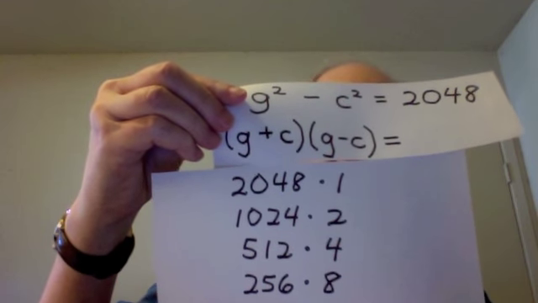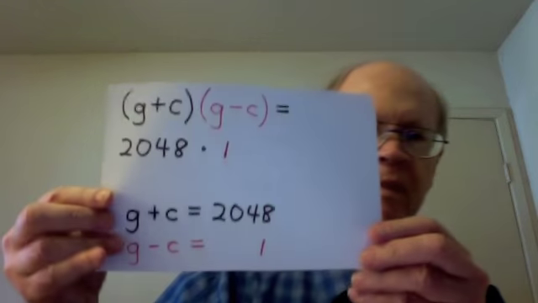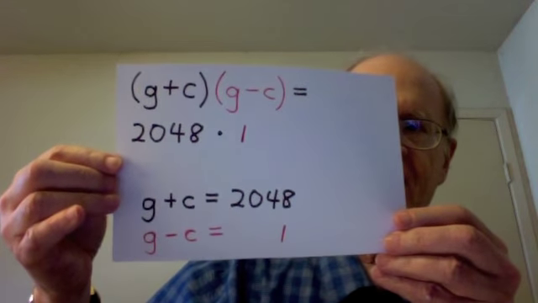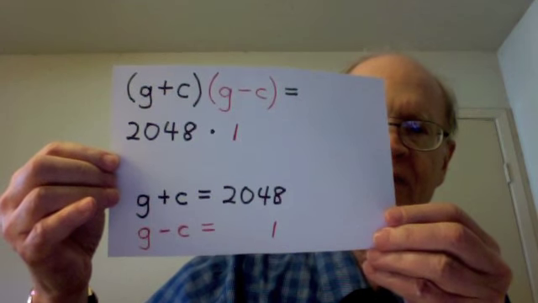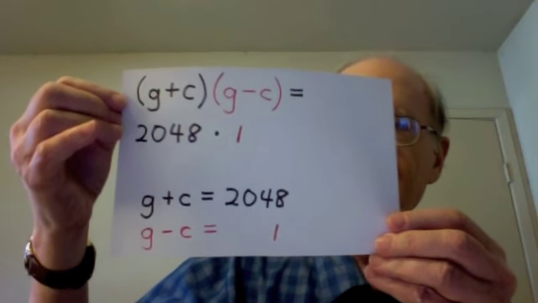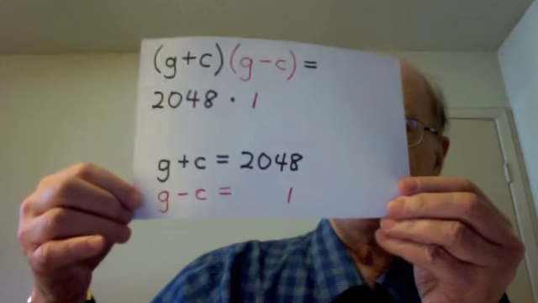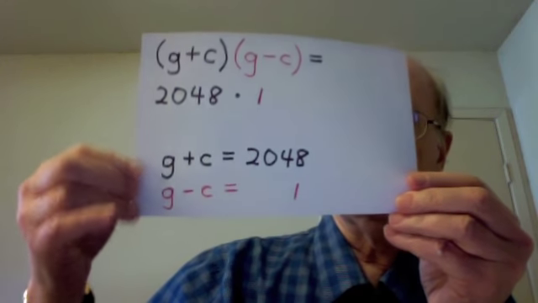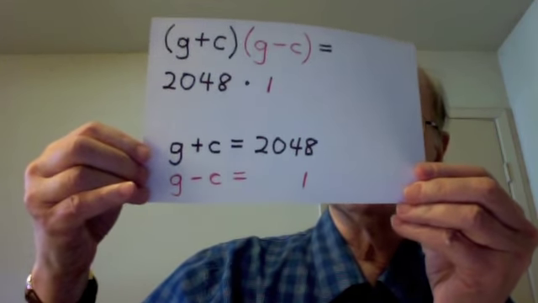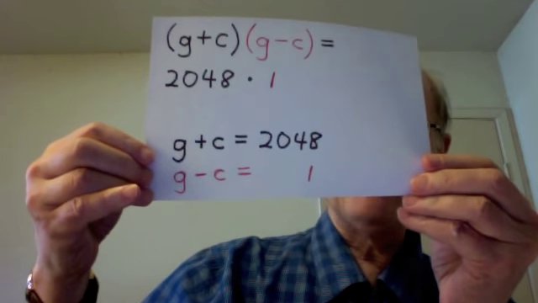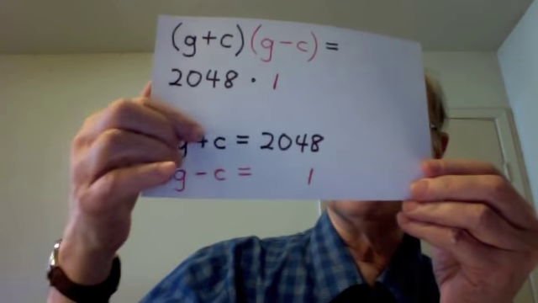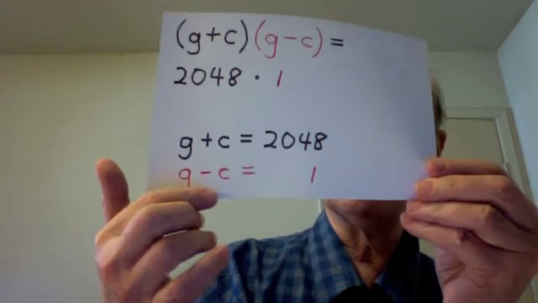So I do that one pair at a time. My first pair is G plus C times G minus C equals 2,048 times 1. Setting G plus C equal to 2,048, G minus C equal to 1, I can solve this system by adding the two equations because the plus C and the minus C add up to 0.